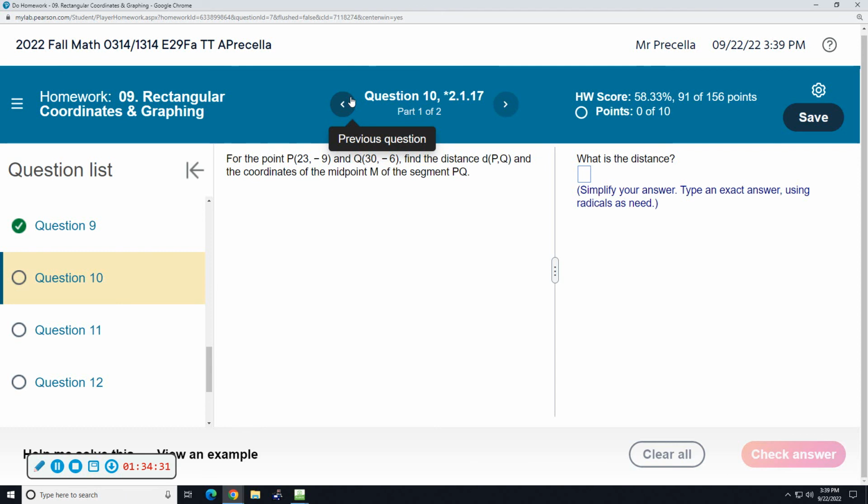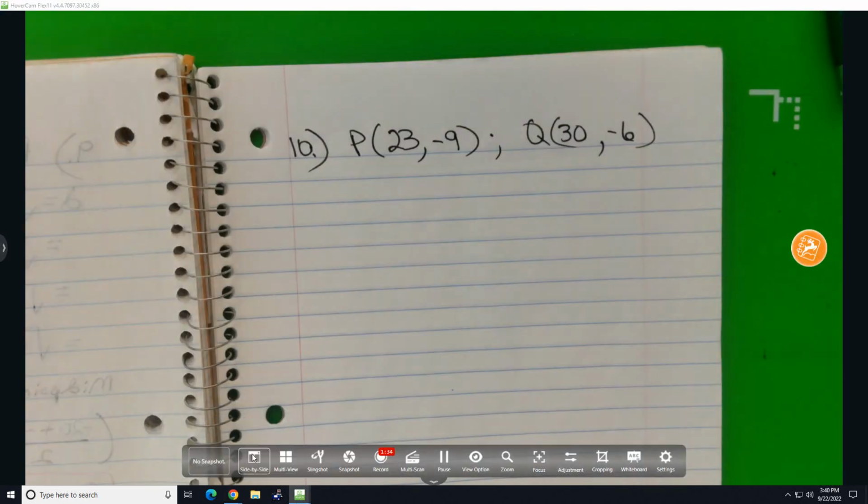Number 10, let me see. Point P is (23, -9), and point Q is (30, -6). Same instructions: find the distance and the midpoint.